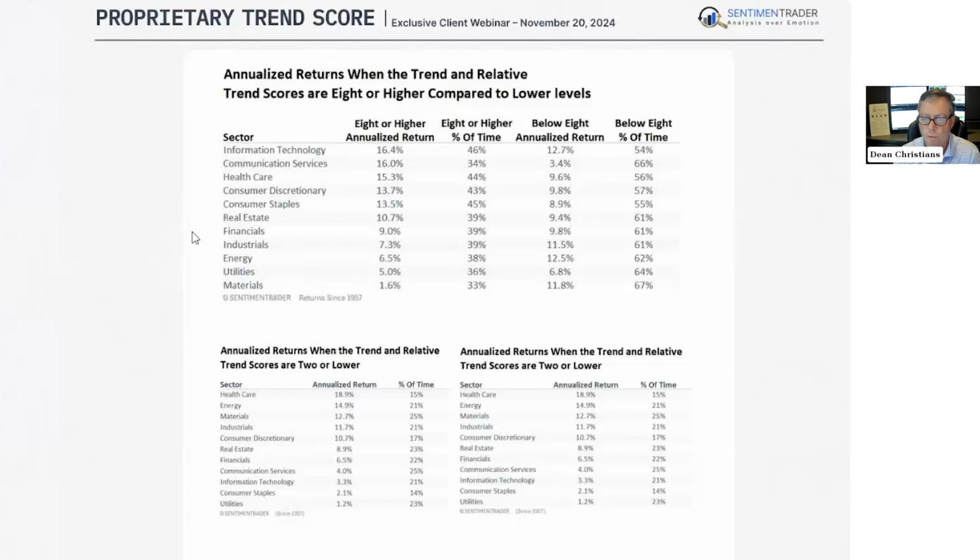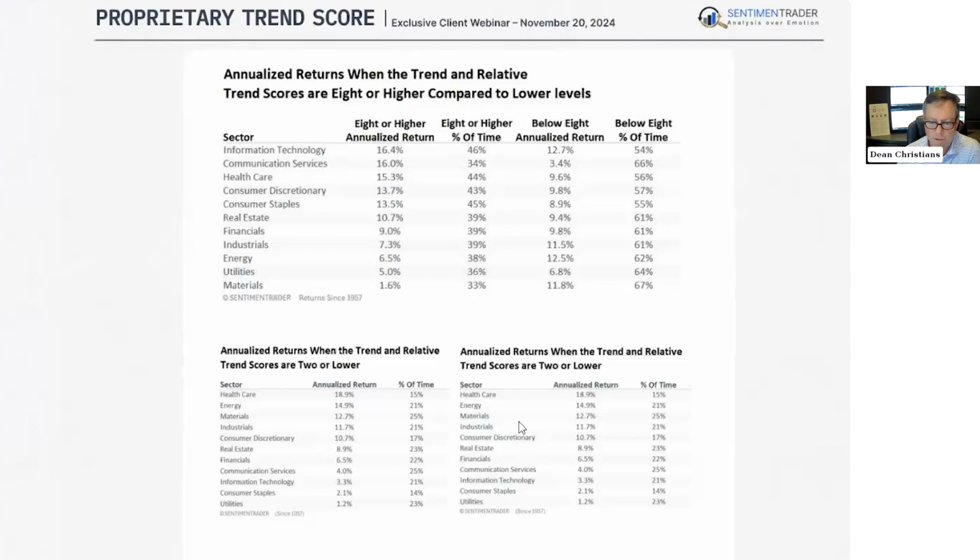And that gets back to the point where I said, has something been in a relative downtrend for a number of consecutive days, or has it seen a trend score that's been below 8 for a number of consecutive days? This is important to know when you're thinking about how we use these.